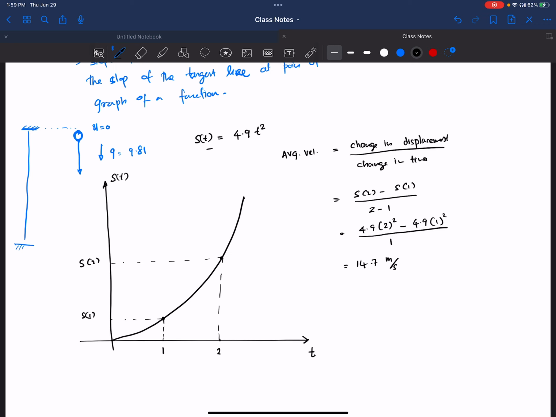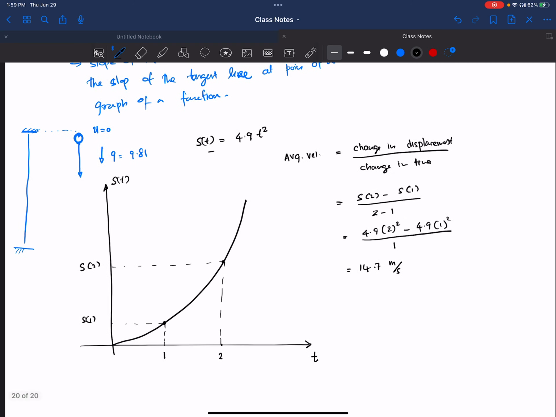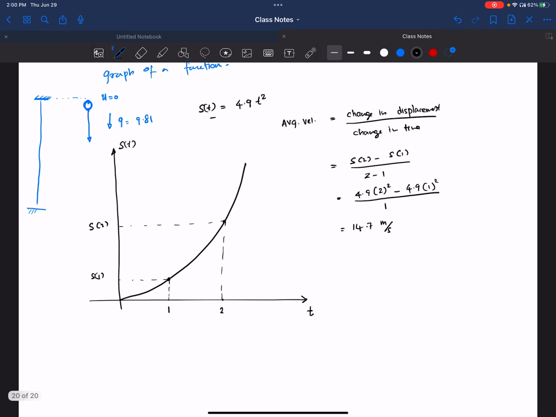Now what I'm going to do is reduce the time reference by moving this second point, or t equals 2, closer to 1. So I'm going to move it to 1.5.